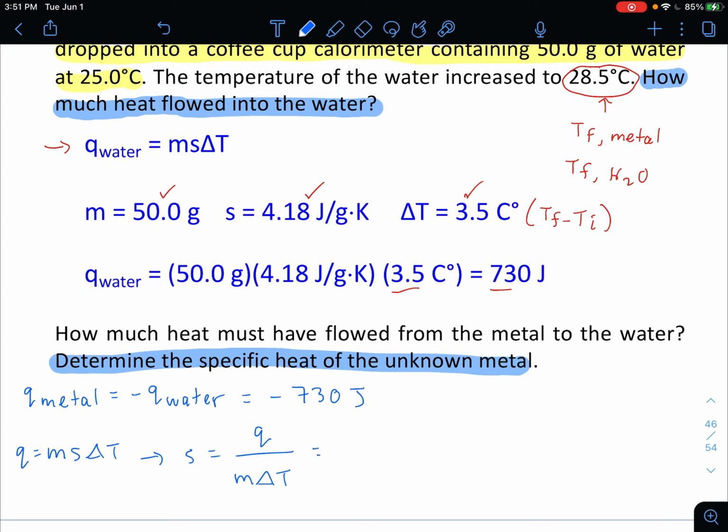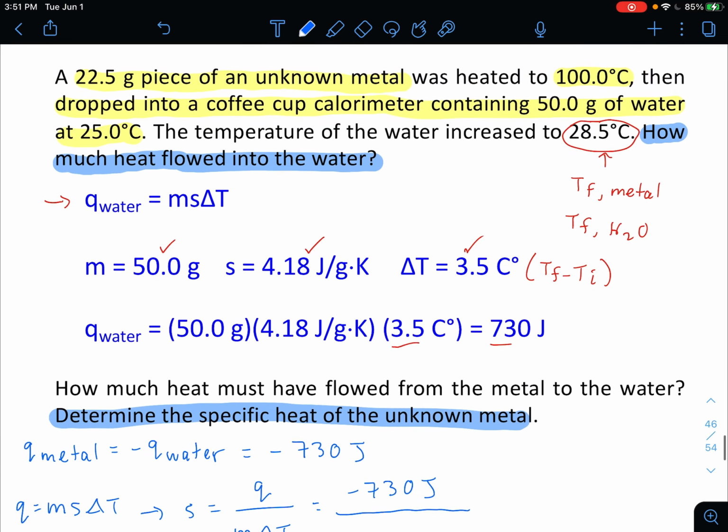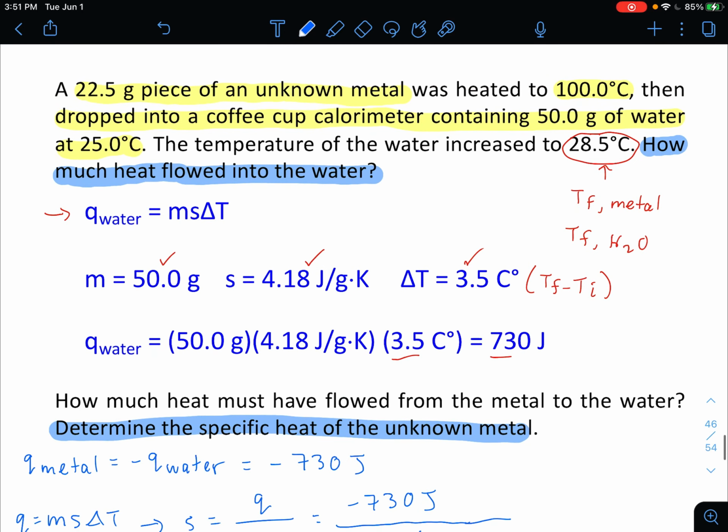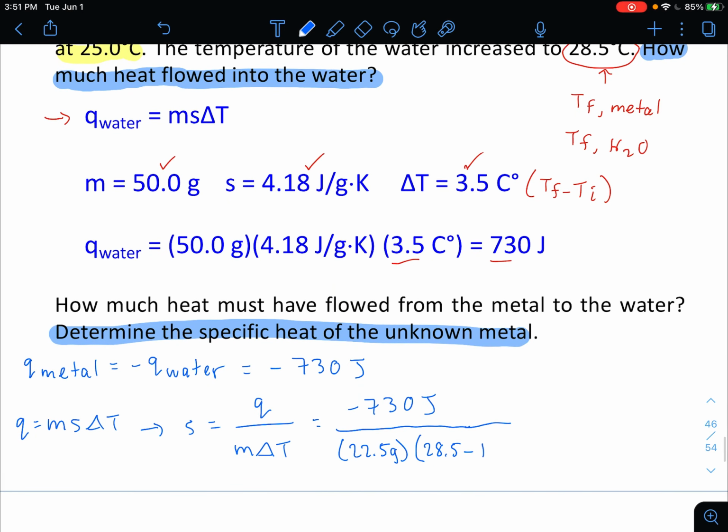So it'll be Q, which is now negative 730 joules because it's Q metal. And now instead of mass of the water, we'll plug in mass of the metal, which is 22.5 grams. Well, then what about delta T of the metal? Well, the final temperature is 28.5, but the initial temperature, it tells me for the metal, was 100.0.